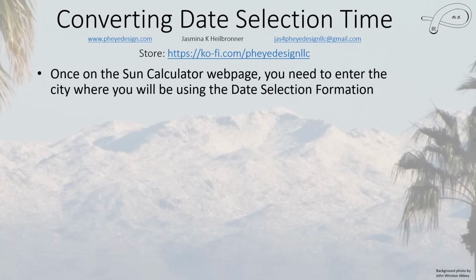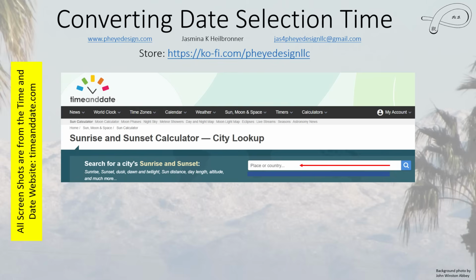Most of the time, unless you're on vacation, you're going to be home. So this is where you would place your city, and this is what it looks like once you've hit the sun calculator. This is an actual screenshot. You just start typing in the city and it will start listing possible locations. If you misspell it, it won't find anything.